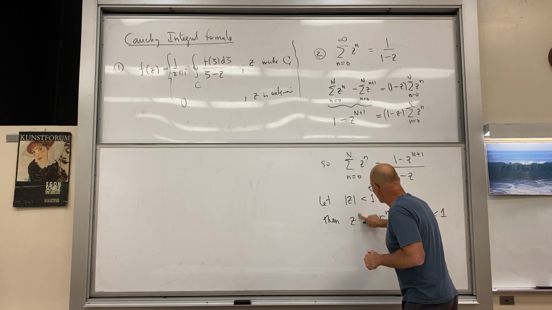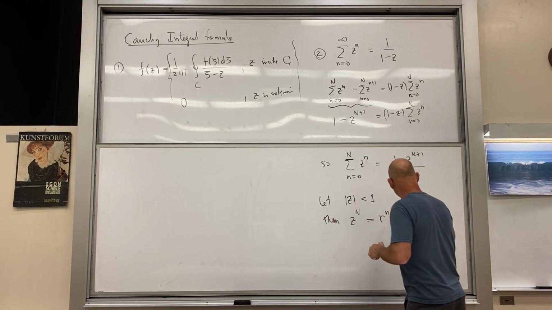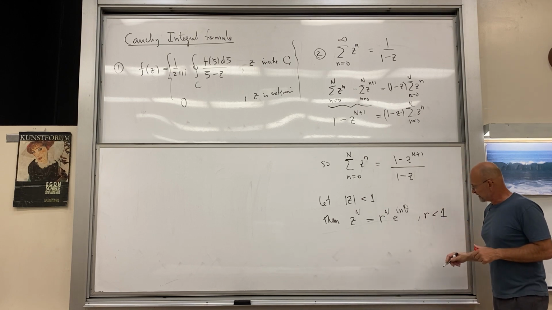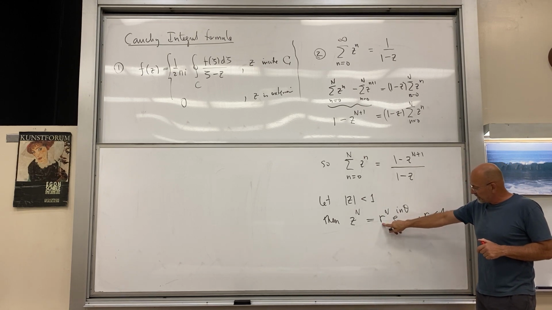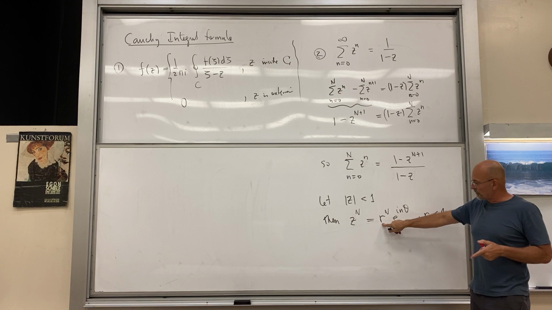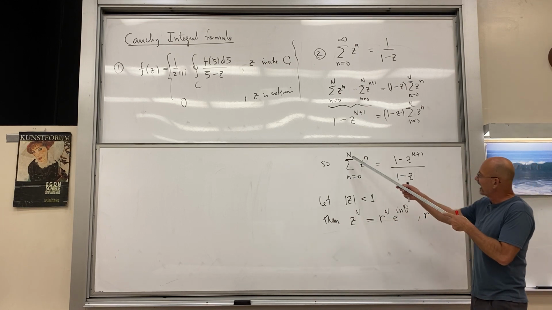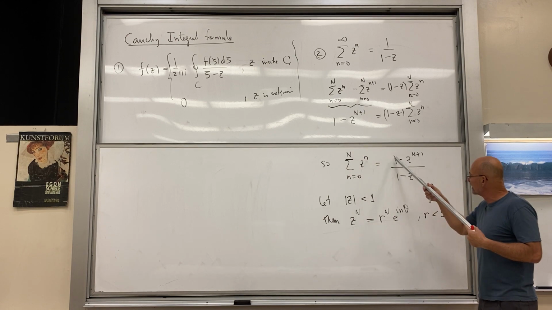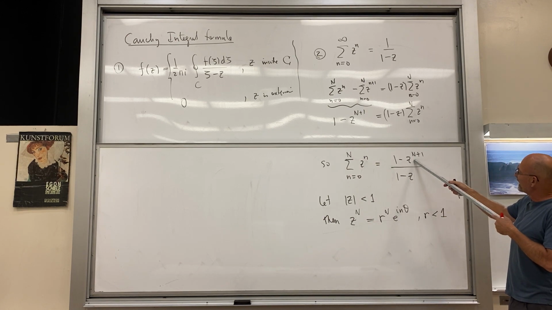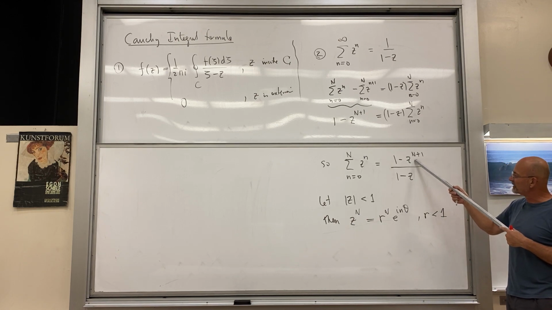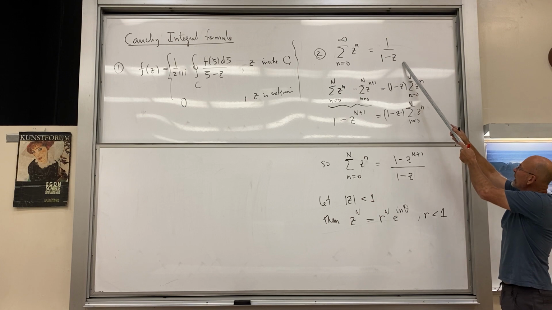Let's call this capital N, by the way, since that's what we're working with. If you take n to infinity, this r to the n goes to 0 uniformly. So if we take n to infinity, we get a complex number whose magnitude goes to 0, and we're left with what's right up there.